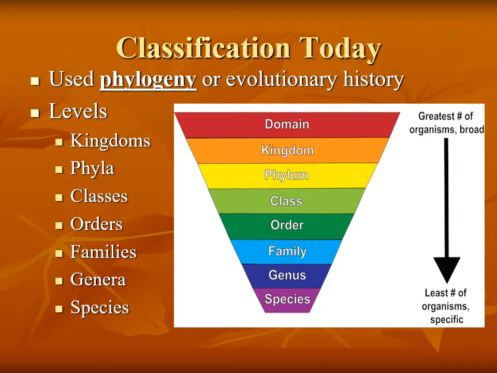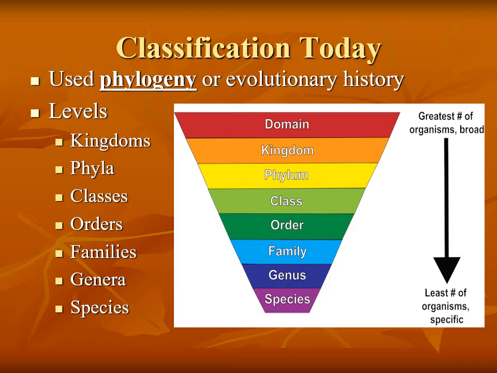So when we're looking at classifying organisms, we have these different levels of classification. The largest is the domain. It's even bigger than the kingdom. And then it goes all the way down to a species. And once you get to species, you're very specific. You're talking about a particular organism.